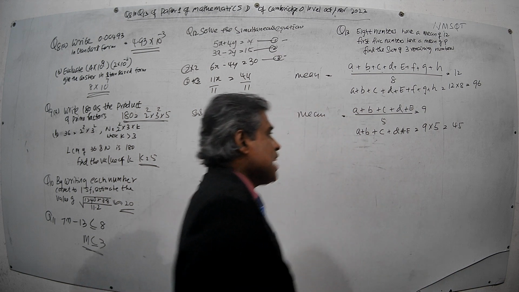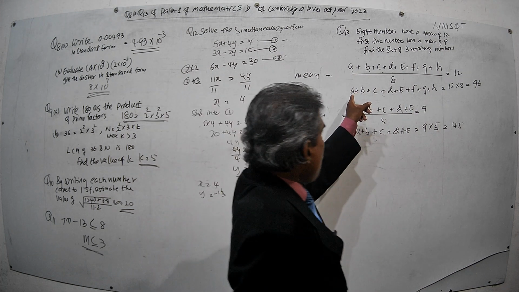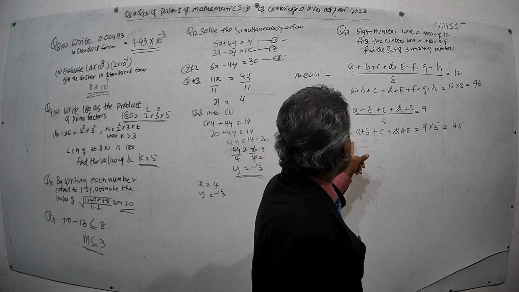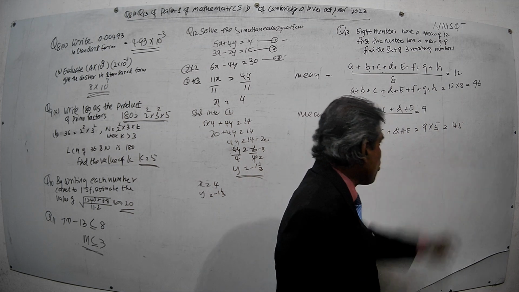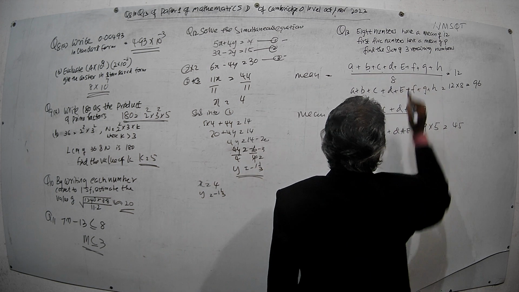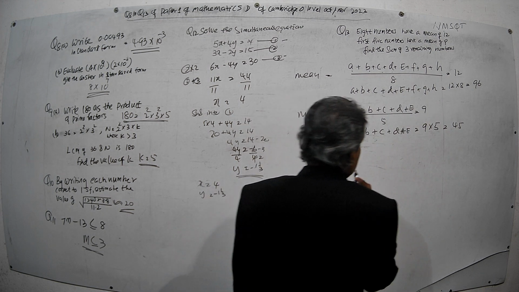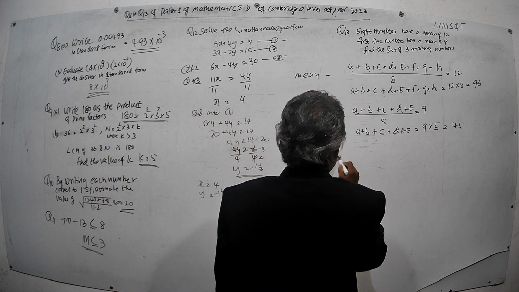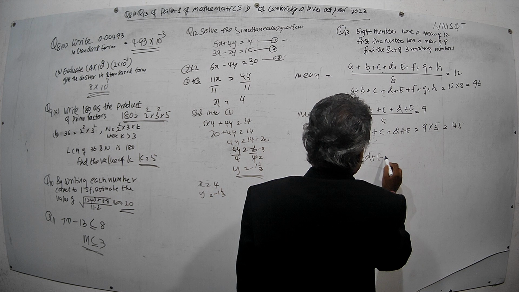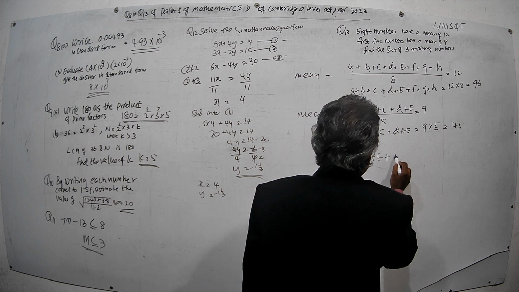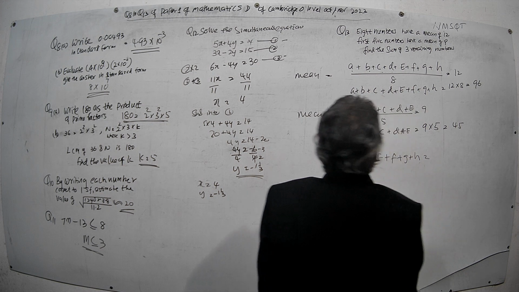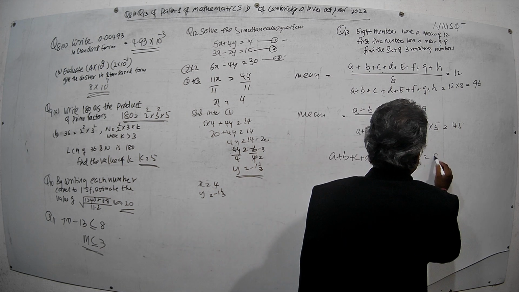Now we have found the sum of all 8 numbers, that is 96, and the sum of the first 5 numbers, that is 45. You write A plus B plus C plus D plus E plus F plus G plus H. The sum of all 8 numbers is 96.